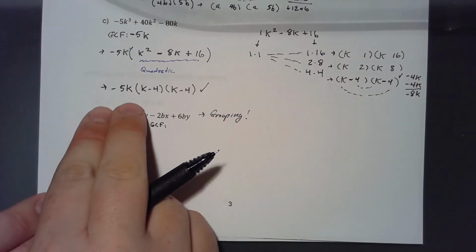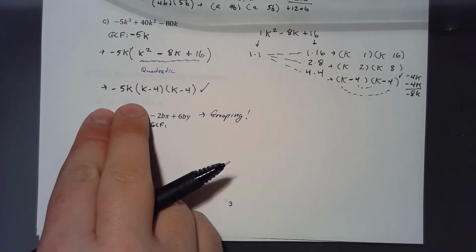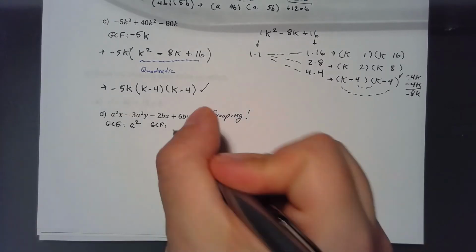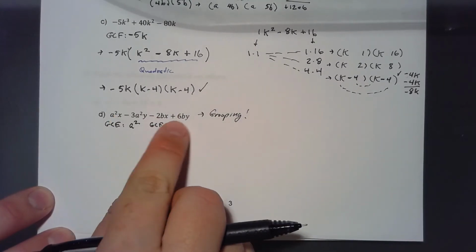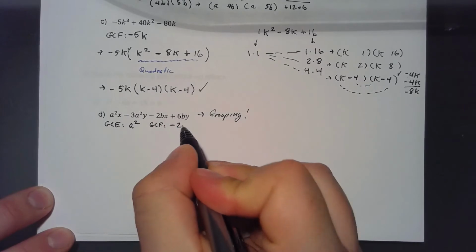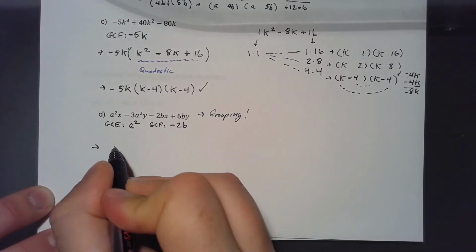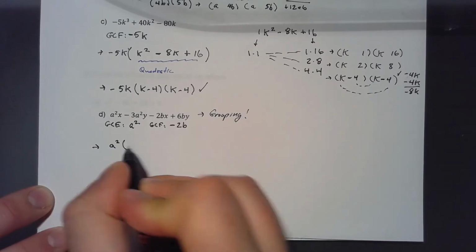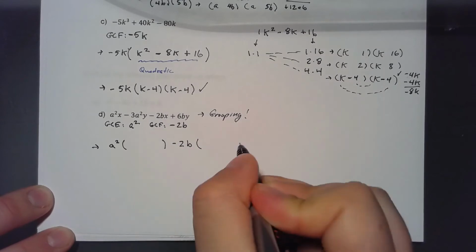Now the GCF in the second two, you've got to be careful here. If you just look at the second two, the leading coefficient there is negative. So I know my GCF will have to be negative. And they have a 2 in common and a b in common. So when I factor that out, I have a squared times the first group minus 2b times the second group.